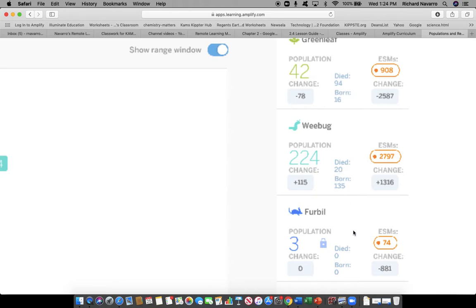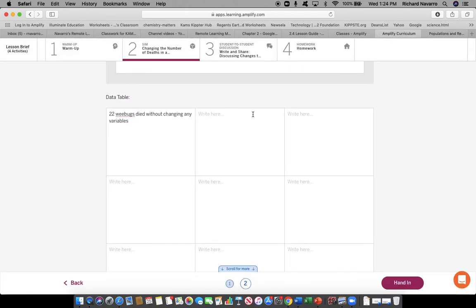So we can see that when we dramatically reduced the furbal population, our wee bug population's overall deaths in that same 20-unit measure of time went down to 20.